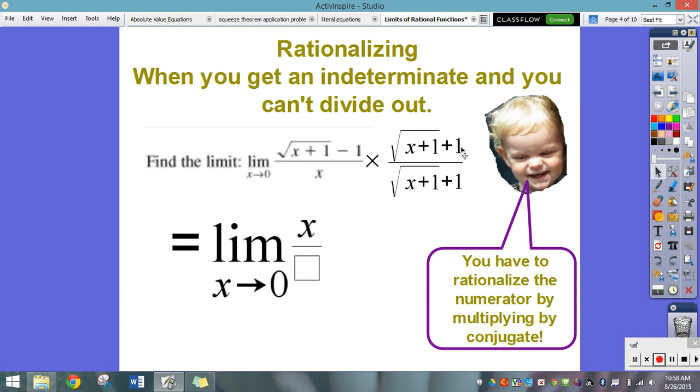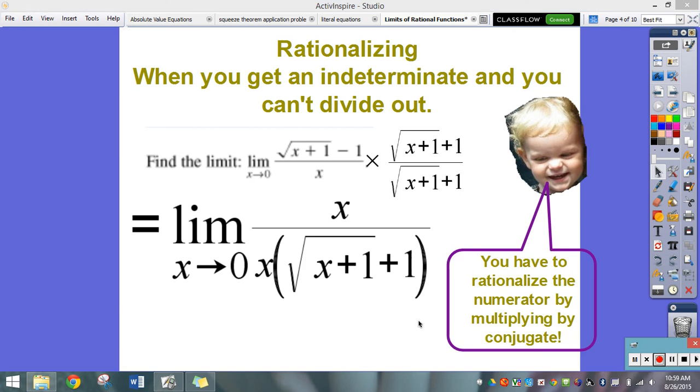And if me just talking about it confuses you, go back and multiply it out yourself. It'll make a lot more sense. And then the denominator, when I multiply it out, I can just write it out as x times this entire denominator. And so when I write it out, it would look like this.